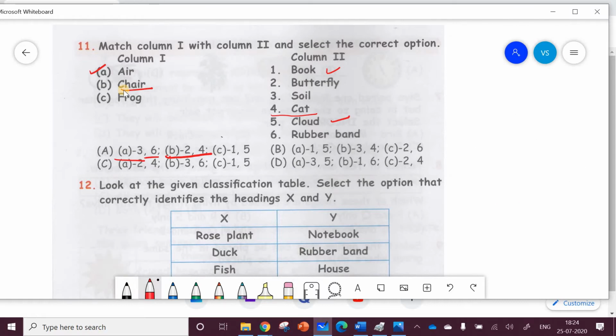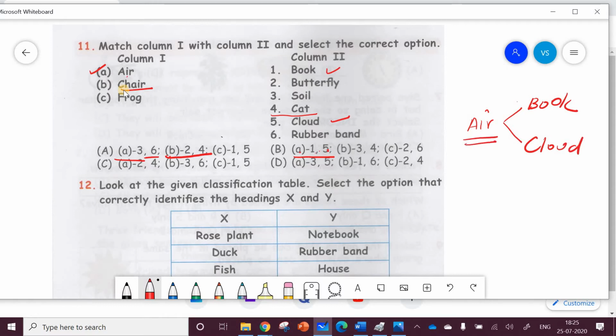Now we are only going to see the first options of all of them. Can you tell me what is option A? It is air. Very good. And they are trying to match the air with number 1 and number 5. What is 1? Books. And number 5 is clouds. Now if you see, what is air?